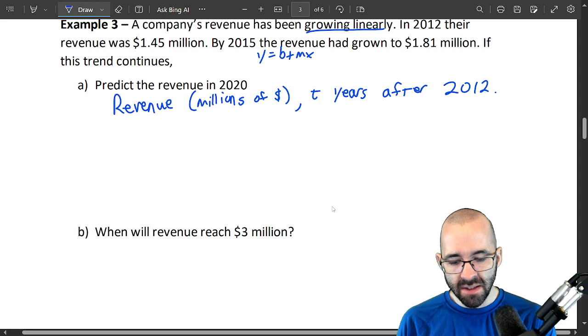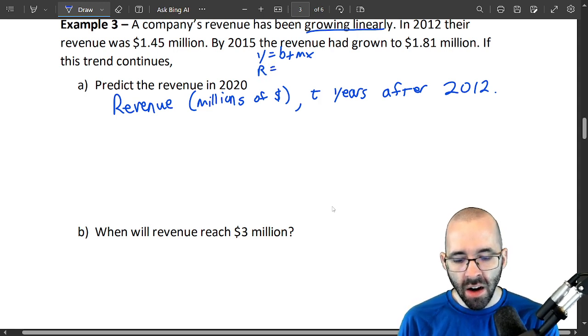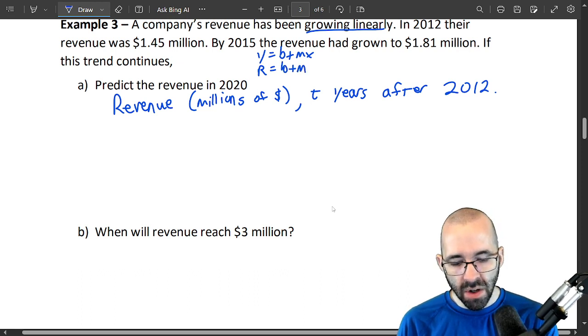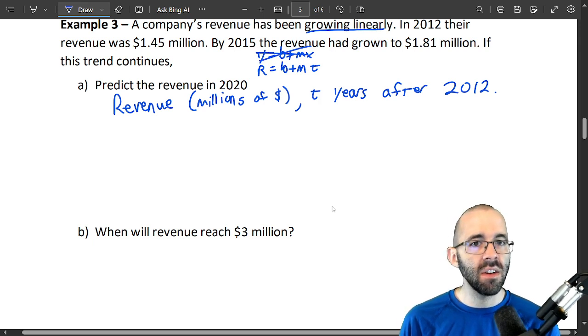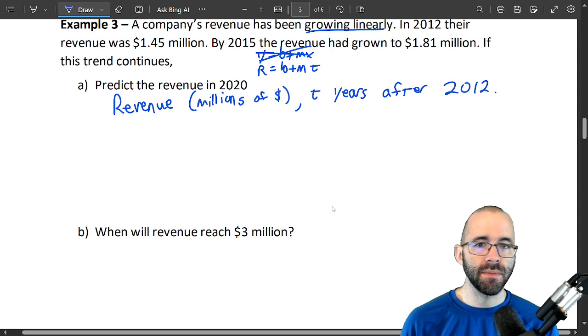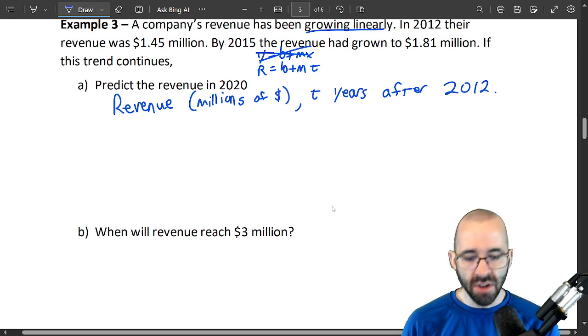So let's update this. It's not going to be Y equals B plus MX anymore, right? Our output is the revenue. Our input is time. So that's a good place to start, but make sure to always replace it with your variables. Okay, so now we can look at some points and find some slopes. Because we do know the starting value, right?